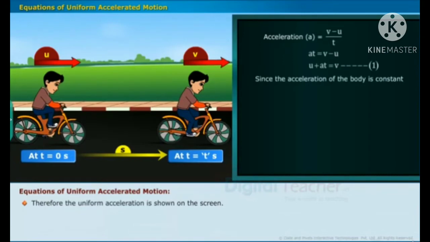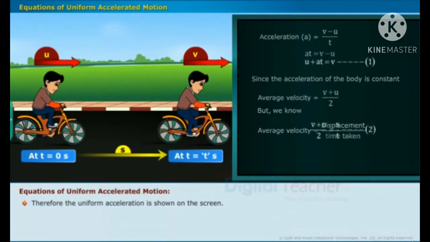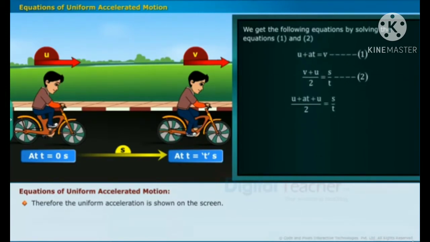Since the acceleration of the body is constant, the average velocity is equal to (v plus u) by 2. But we know average velocity is displacement by time taken. So we can write (v plus u) by 2 is equal to s by t. Consider it as equation 2. By solving equations 1 and 2, we get ut plus half at square is equal to s.